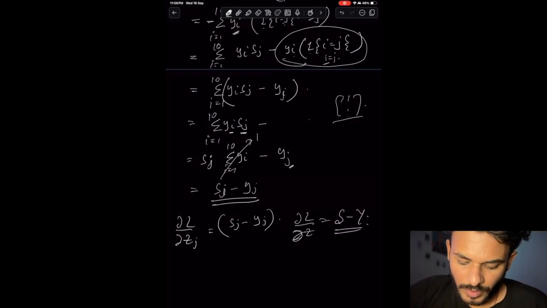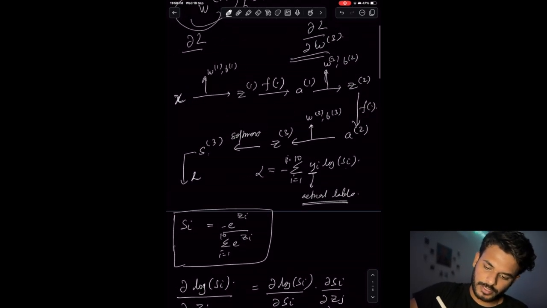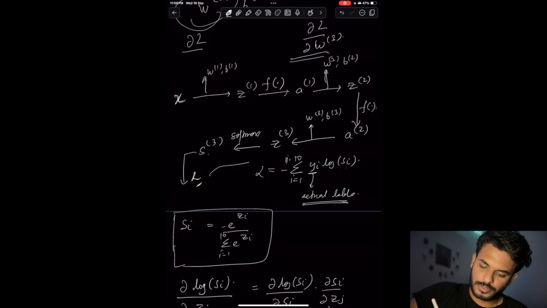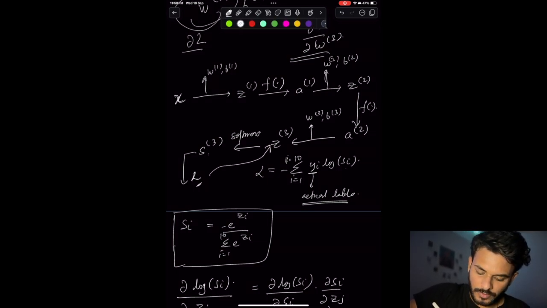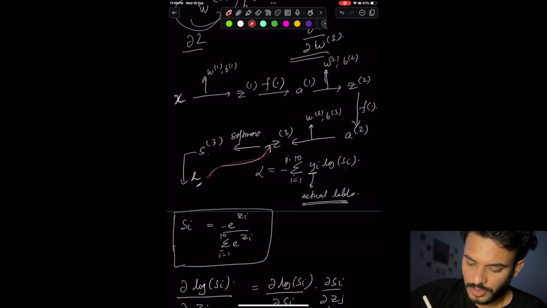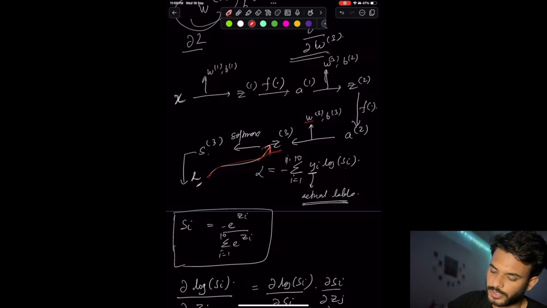Simple. Now where were we? We were at L, and then we came back all the way up to Z. Now we have calculated for Z, we need to update W. So how are Z and W related?